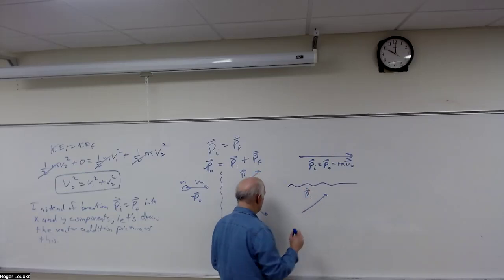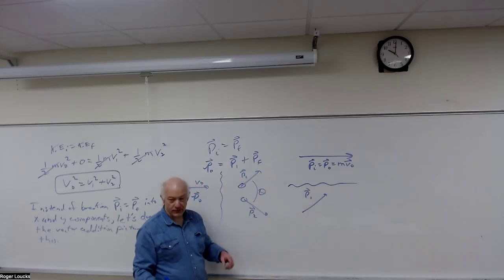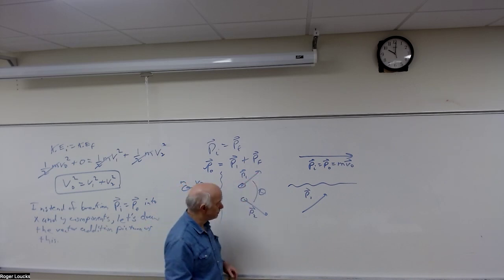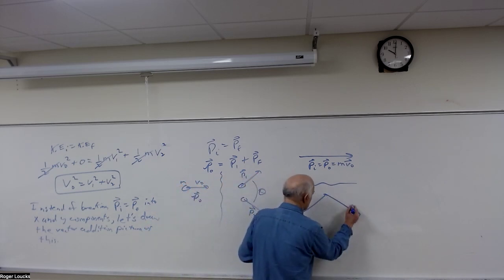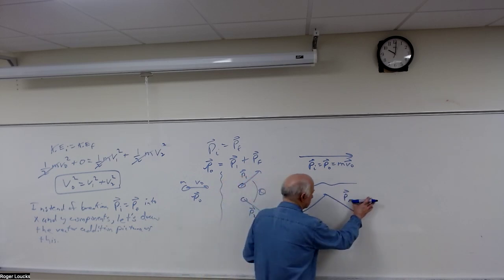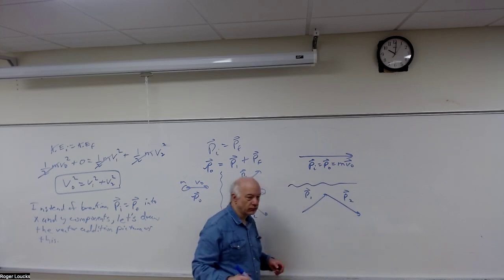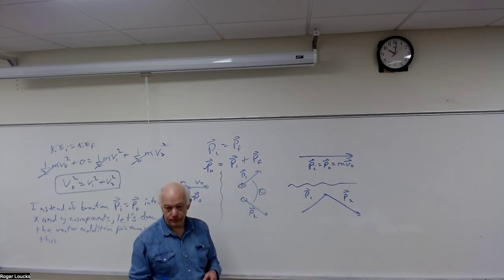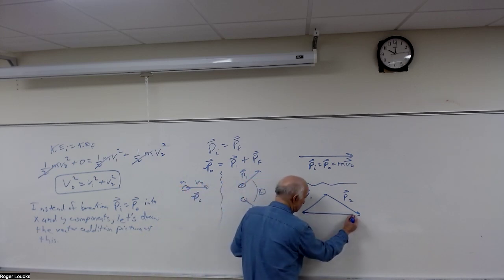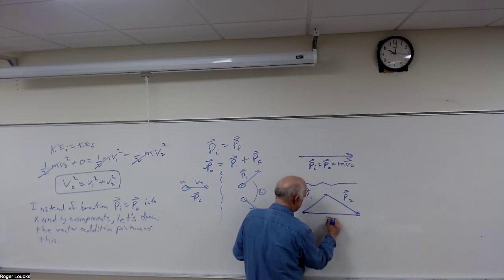This is my P1. I'm starting off of that for no good reason. And then I take the tail of this fellow and add it to the head of that fellow. And this is P2. And your P final goes from where to where? The tail here to the head there. Exactly, this is my P final.